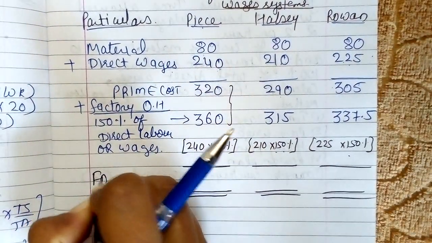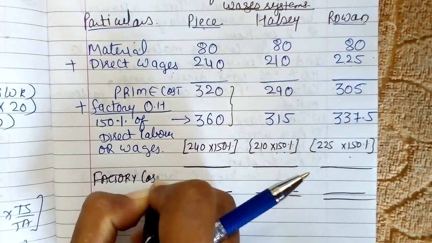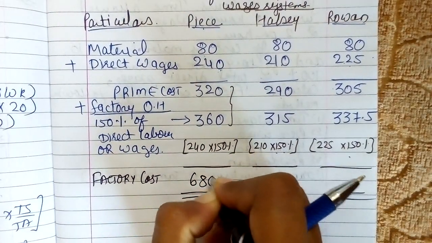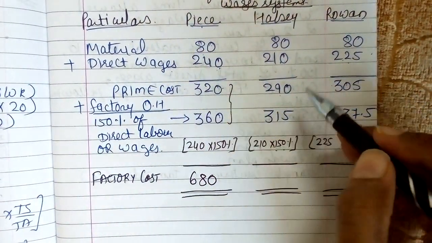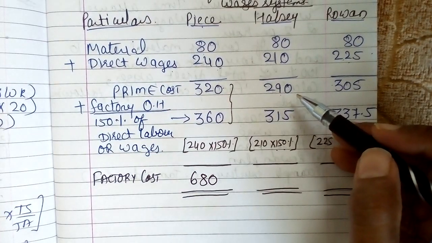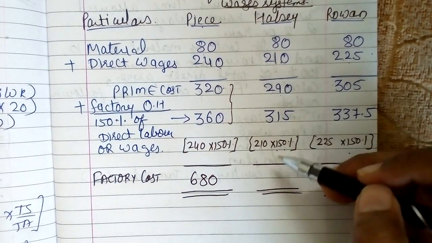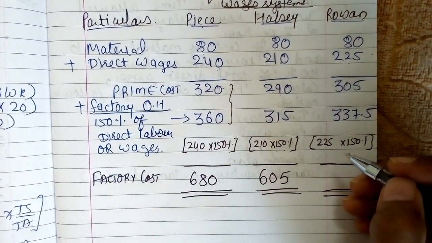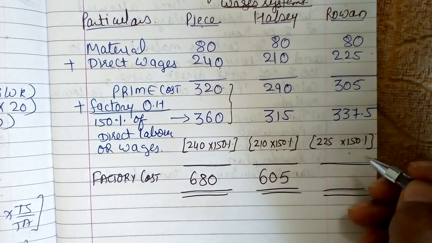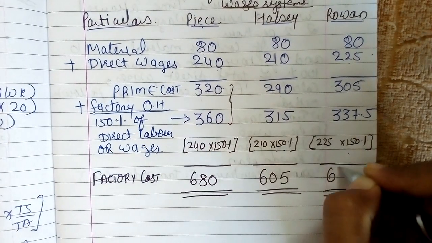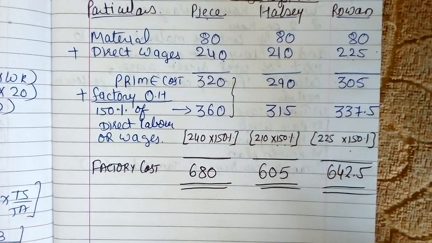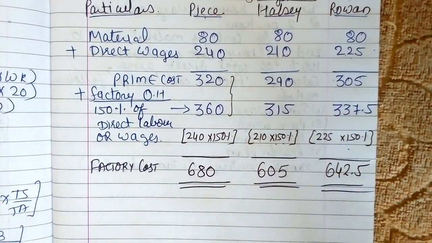So factory cost, this will be 680, 320 plus 360, then 290 plus 315, so that is 605, and 305 plus 337.5, so that is 642.5. So this will be the factory cost under different wage system.